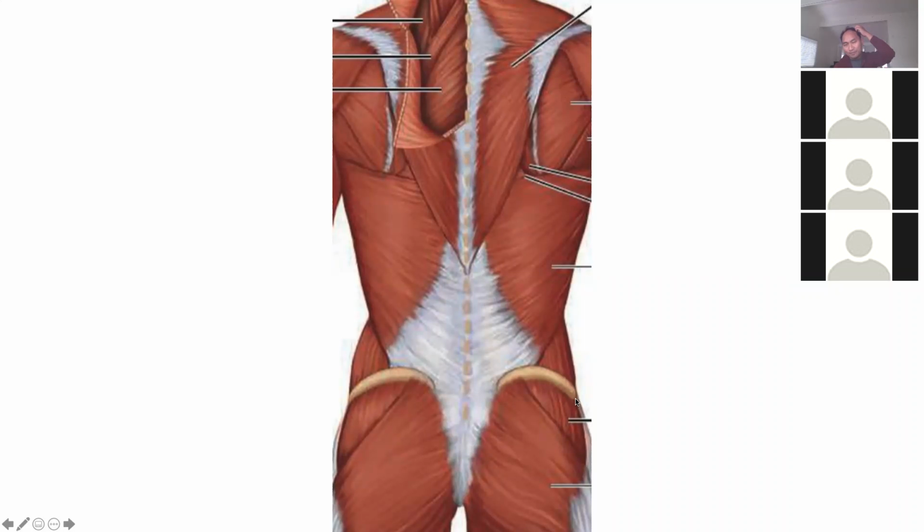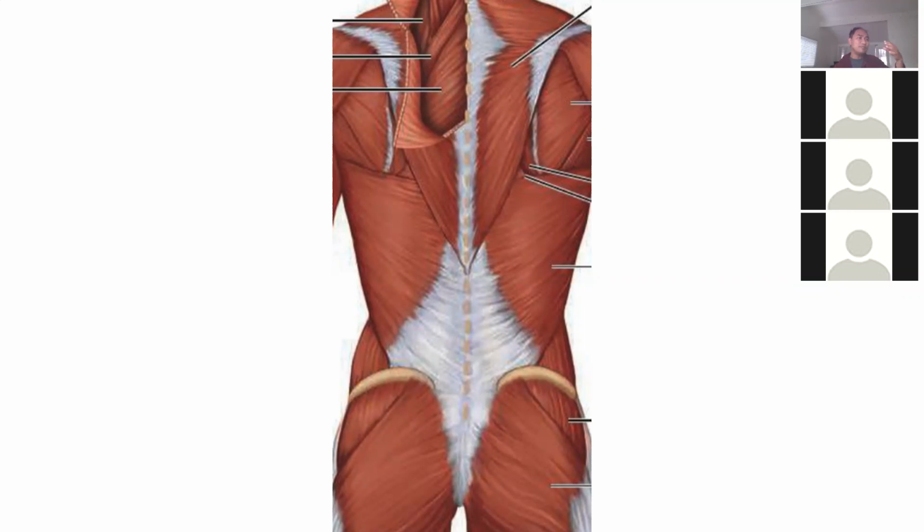The transtubercular line, if we follow from the front, just close to the highest point, we have a little bump in the ilium. That is the tubercle of the ilium. So we connect the two tubercles here. That is the transtubercular line.